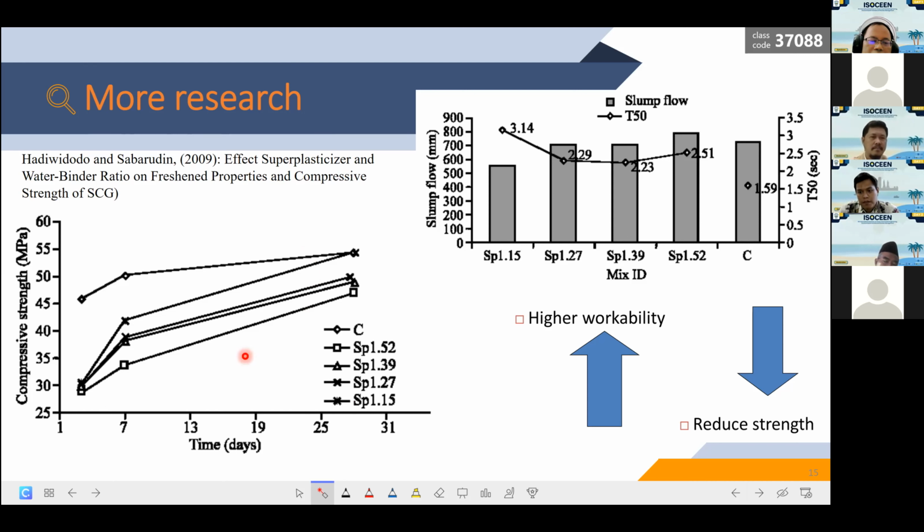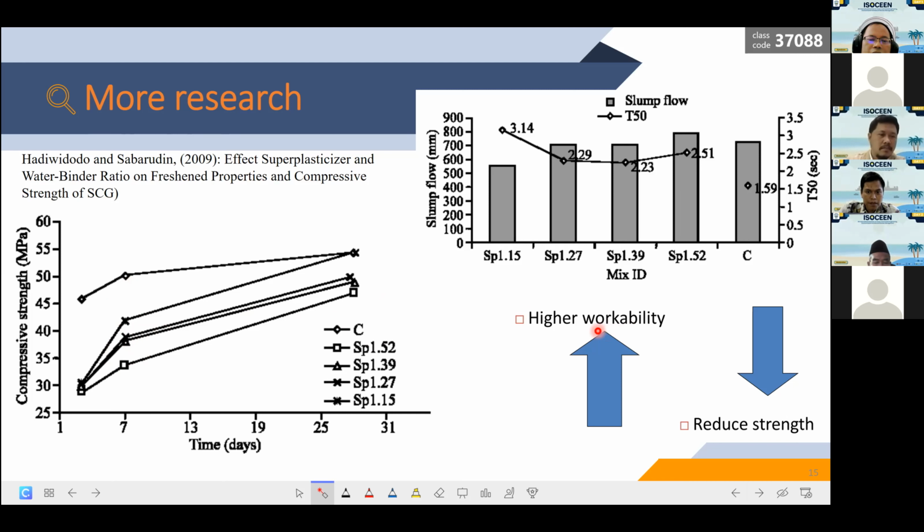We can see from this one the effect of superplasticizer on compressive strength. With more superplasticizer, the concrete reaches compressive strength faster than when the superplasticizer is lower. I think that this is my presentation.